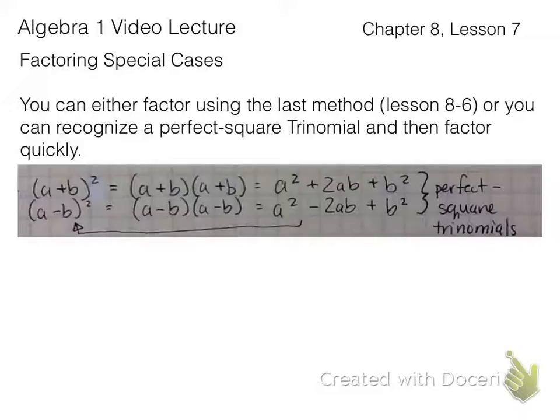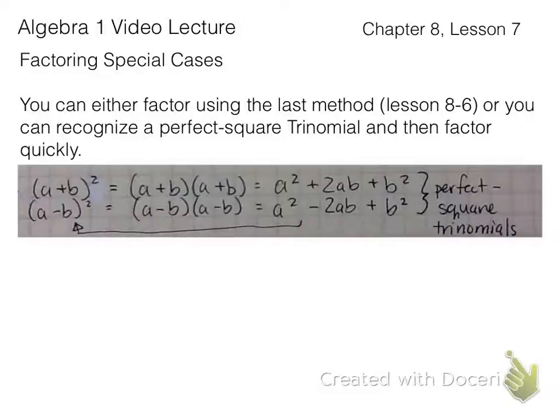As long as you can recognize that A is a perfect square and B is a perfect square, and that whatever A was times B times 2 is the center term, you can just backtrack a little. What's the square root of A squared? Well, it's A, and the square root of B squared is B, and there you go. You have your factored answer.